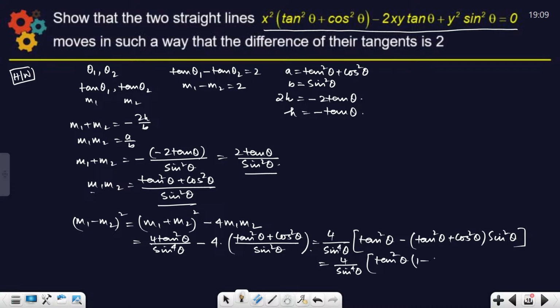So if I take common, minus sine square theta cos square theta. 1 minus sine square theta is going to give us cos square theta. Let me write it here because the space is short. Let me do it here.